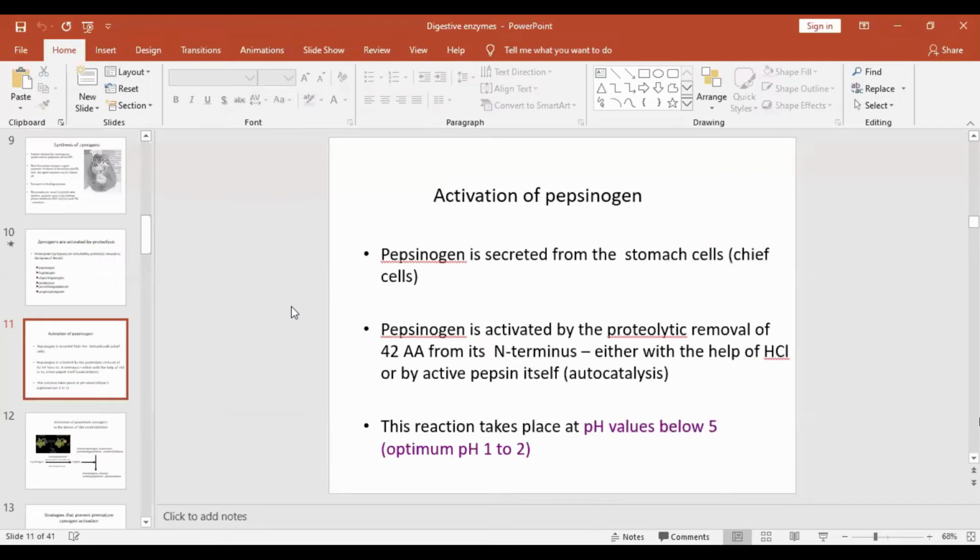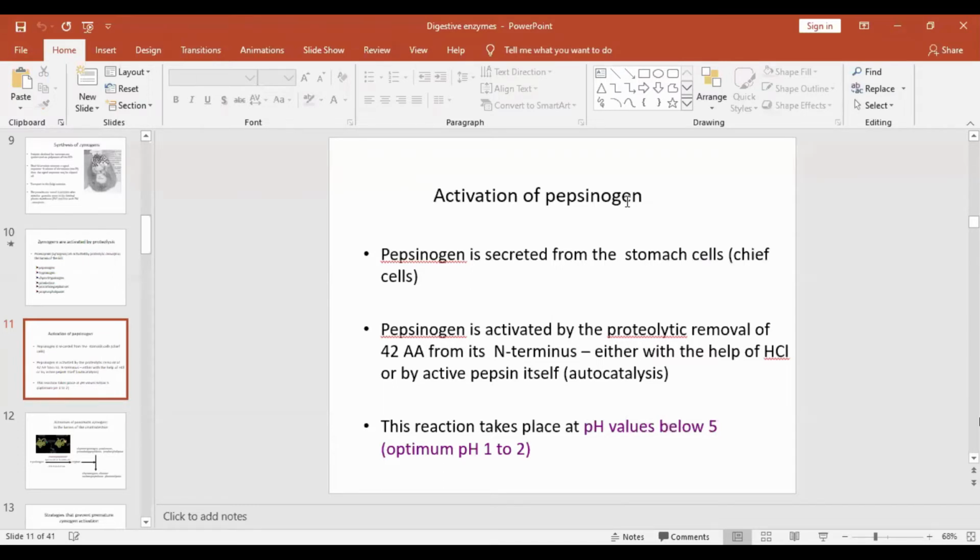After being synthesized in inactive form, it becomes necessary for these zymogens to be activated when they get the required environment. The other example is the activation of pepsinogen. As you know, pepsinogen is secreted from the stomach; the chief cells secrete the pepsinogen.